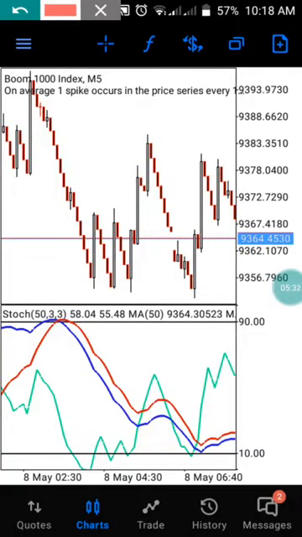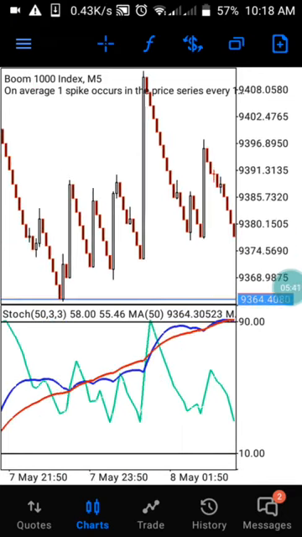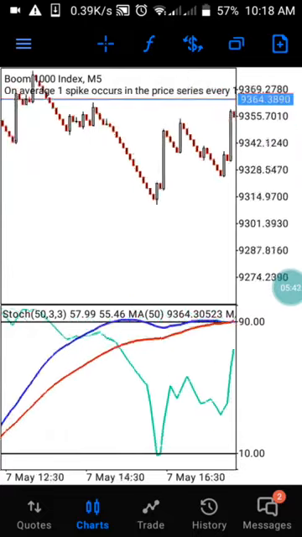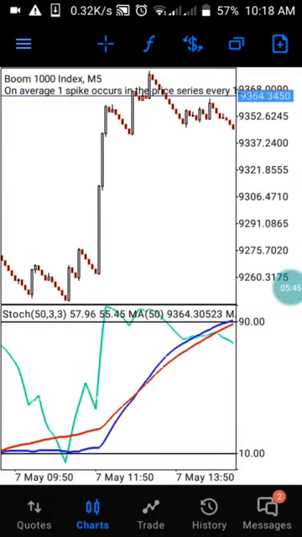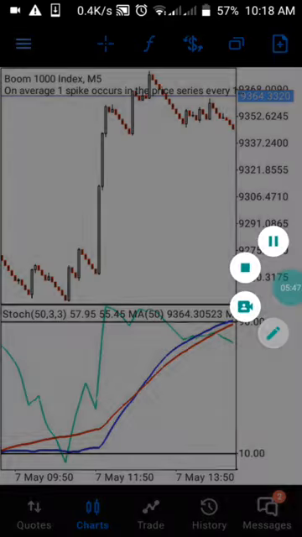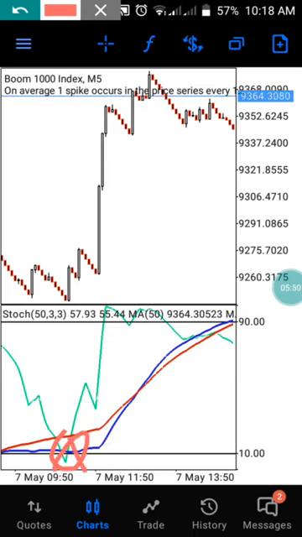Anytime we have the stochastic ranging below the 10 level, then you know that a spike is coming on the uptrend very soon. Once it moves below the 10 level, you keep on seeing spikes moving on the uptrend.